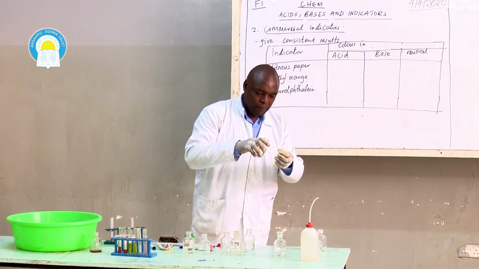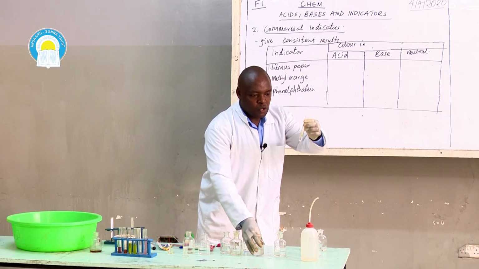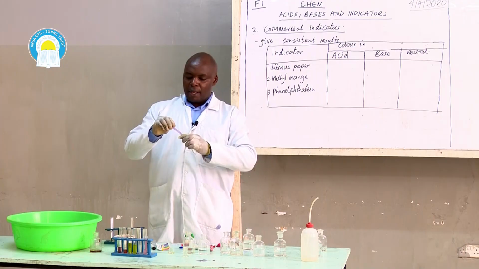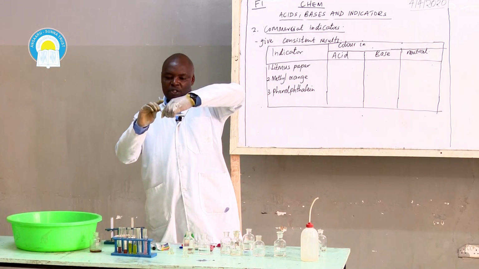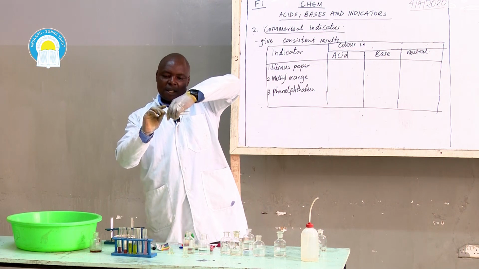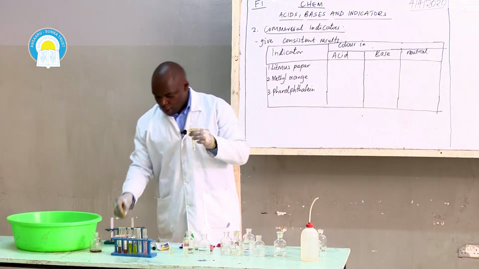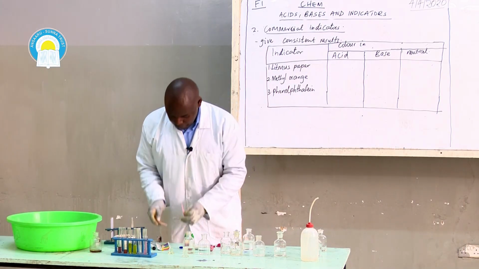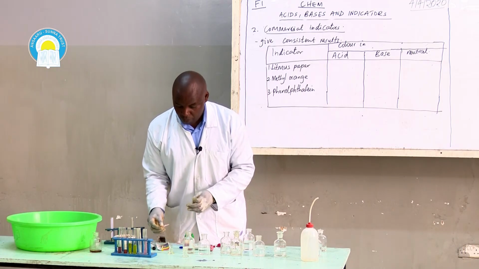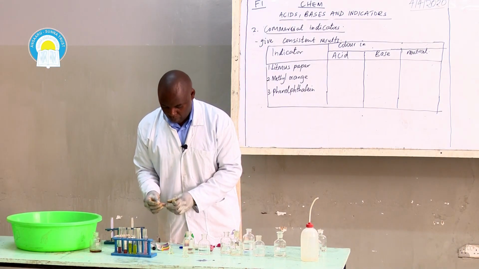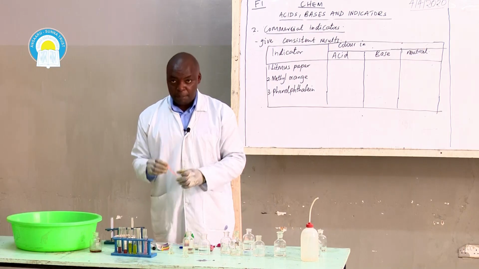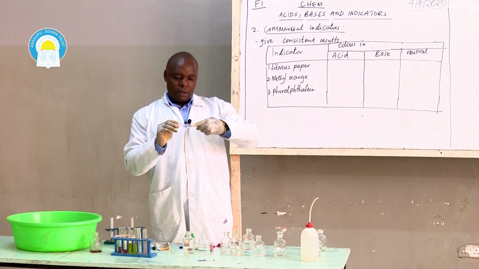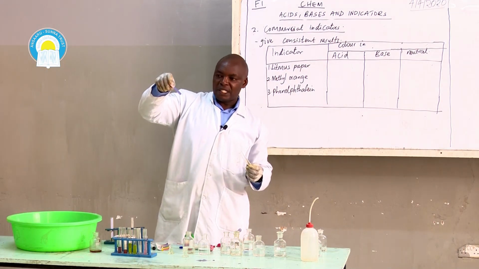Sodium hydroxide solution here for blue litmus paper: you can see that the blue litmus paper remains blue, while red litmus paper turns blue.